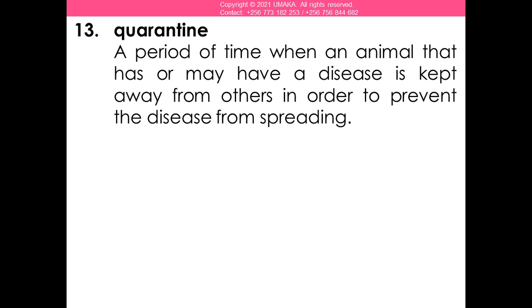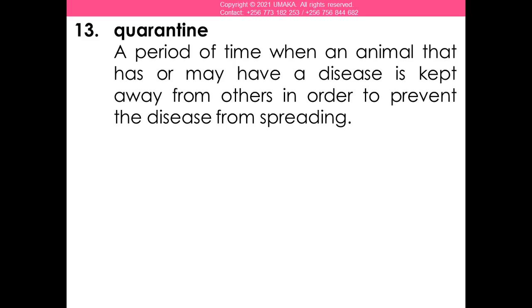So for example, if in Masaka they say there is an outbreak of foot and mouth disease, you know it affects animals, especially cows. So if cattle is affected, the government, through the district veterinary officers, may choose to put a quarantine on Masaka, such that no animal can be transported from Masaka to other places.